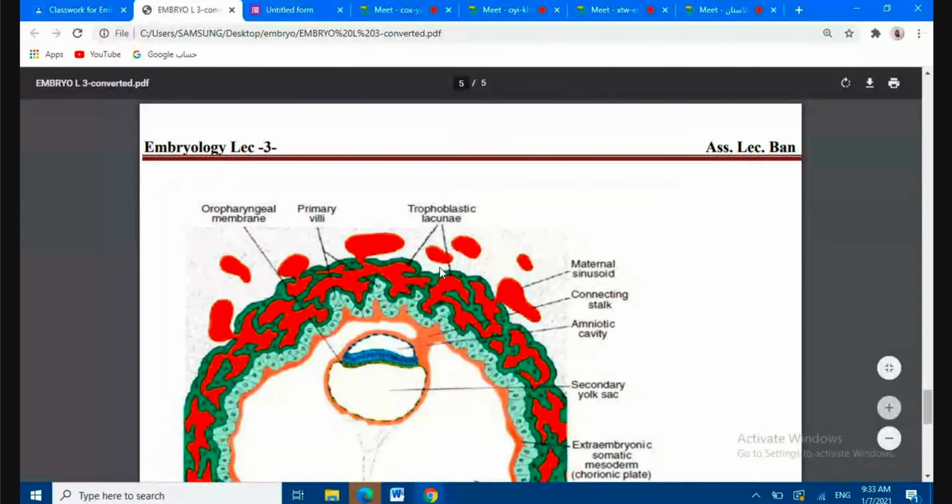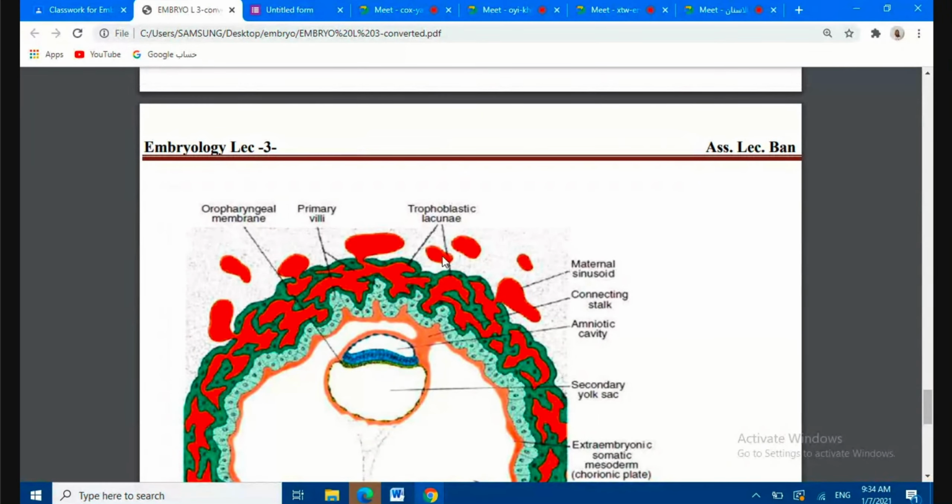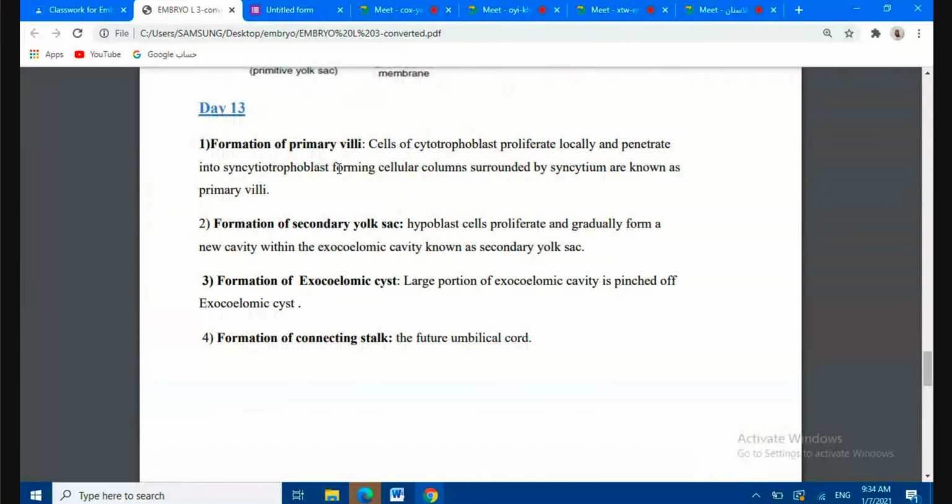أوكي. إذا كان أكو موضوع اختراق فمعناته there is a work for what? For reaching these blood or for nutrition. Okay. إذا نشوفها formation of the primary villi, cells of إيش؟ Cytotrophoblast.